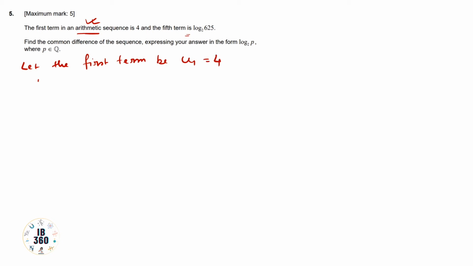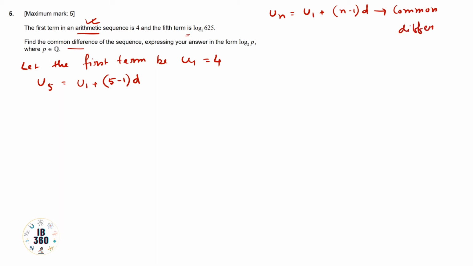The formula for the fifth term is u5 equals the first term plus (5 minus 1) into d, where d is the common difference. The normal formula is un equals u1 plus (n minus 1) into d, where d is the common difference. This is the first term and this is the nth term.